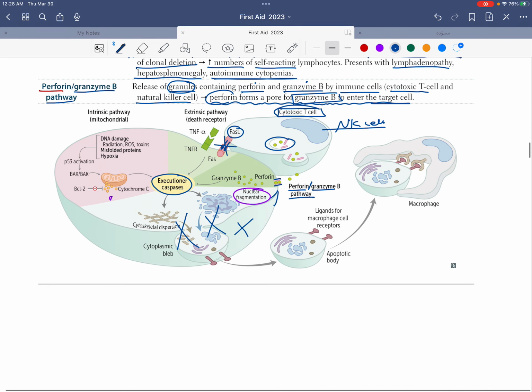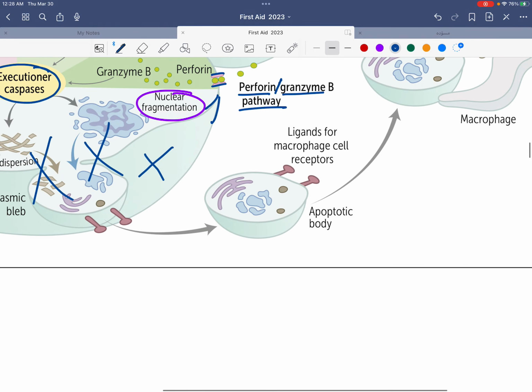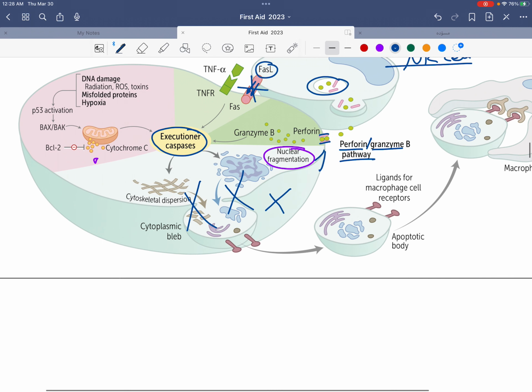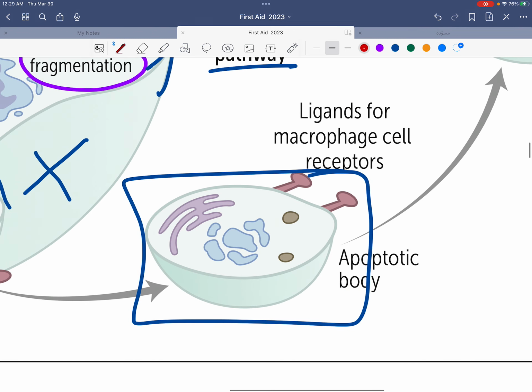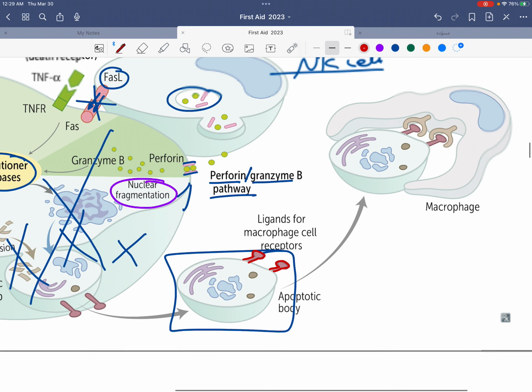One more thing to know about this part is that after this cell undergoes dying and killing, it ends up in small chunks. These small chunks have macrophage receptors, and these receptors attach to their own places on the macrophages.